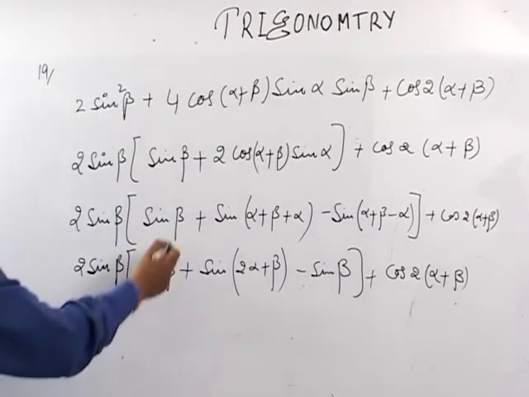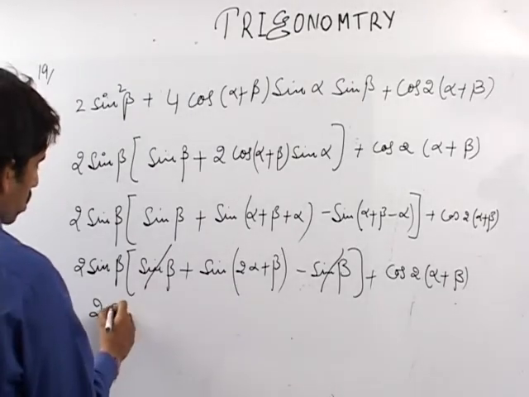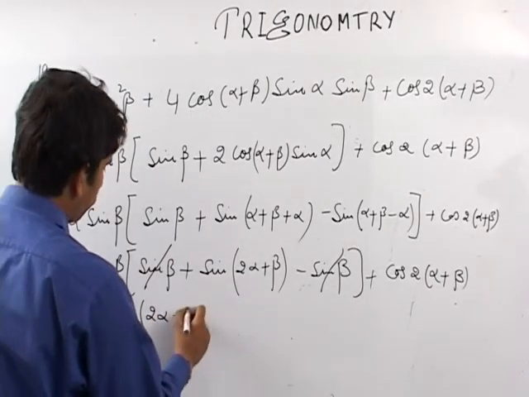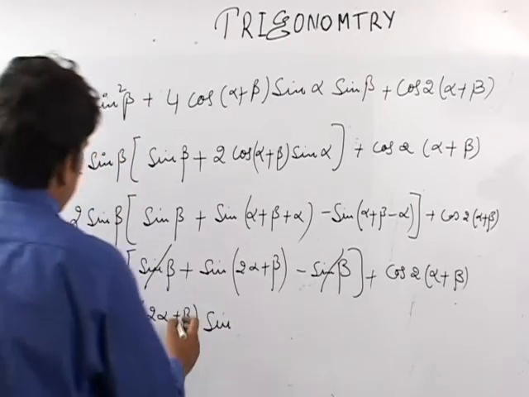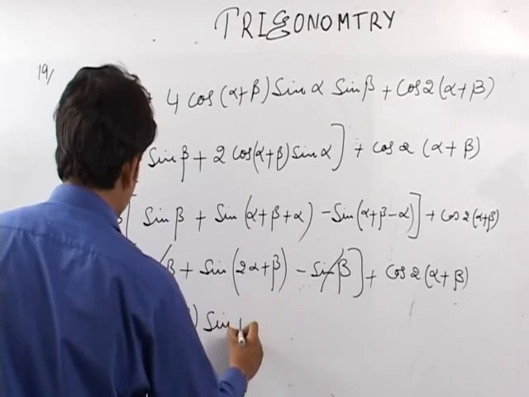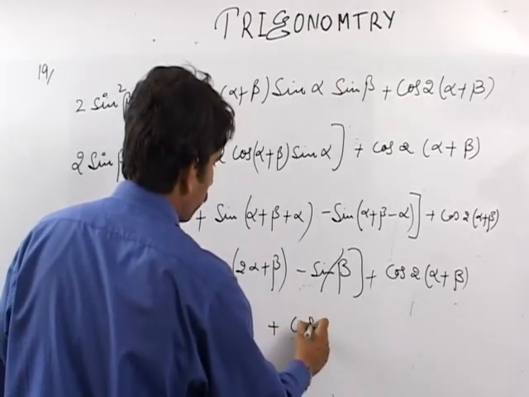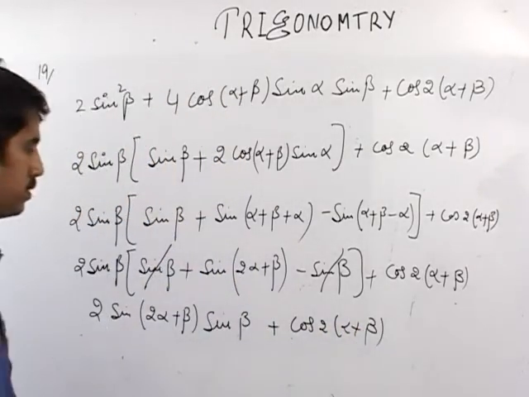Now this sin beta and sin beta will be cancelled out. You will again be left with 2 sin(2 alpha plus beta) sin beta plus cos of twice of (alpha plus beta).